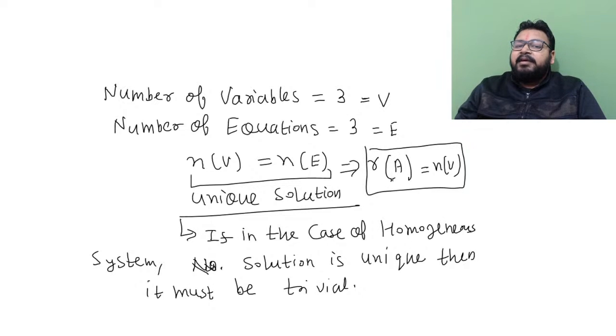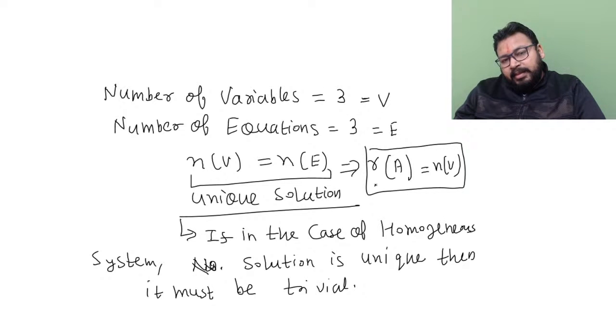And if the rank is 3, it simply means that all the 3 equations are linearly independent. रैंक के 3 होने का मतलब है कि 3 इक्वेशंस एग्जिस्ट करती हैं जो कि लीनियरली इंडिपेंडेंट हैं, आपस में डिपेंड नहीं करतीं, उनमें कोई रिलेशन नहीं है, ना ही प्रोपोर्शनलिटी का, ना एपी जीपी का, कुछ भी नहीं है. So if no relation in the matrix lies in the rows or in the columns, then every row और column becomes independent. And rank helps us to find that independency.